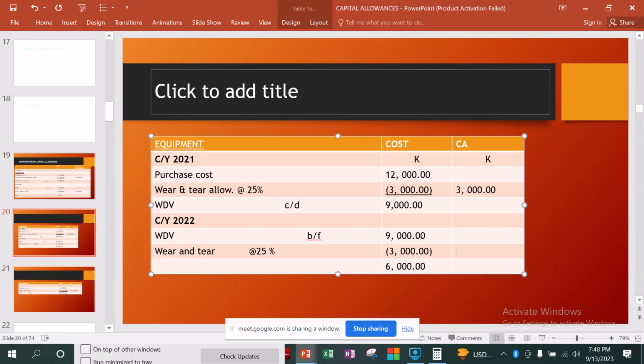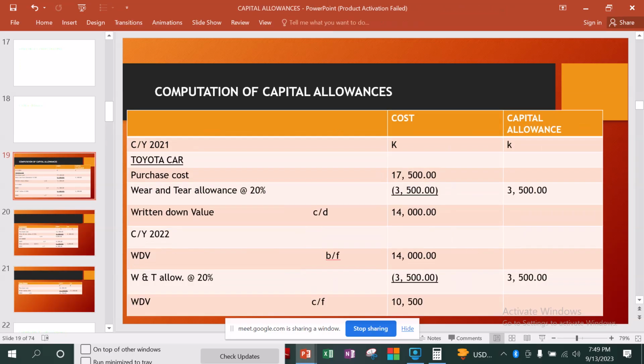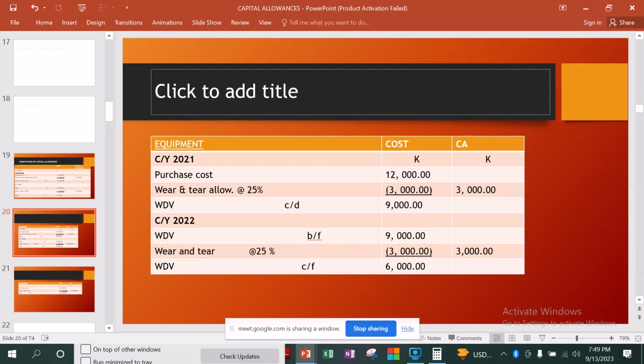We register that as the allowance claimed, and this is the written down value carried forward.